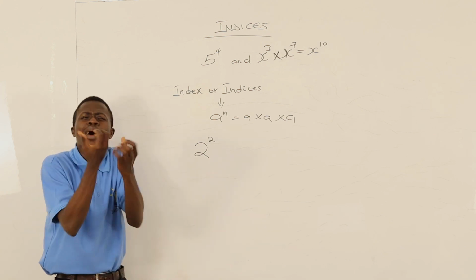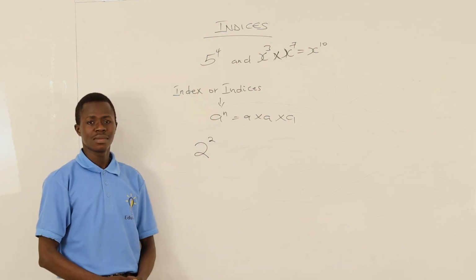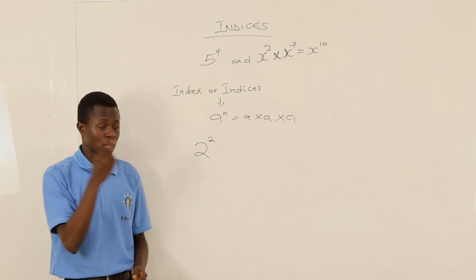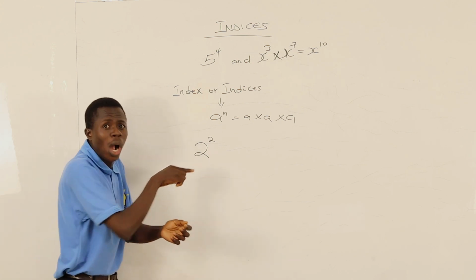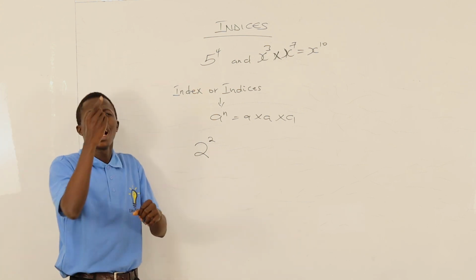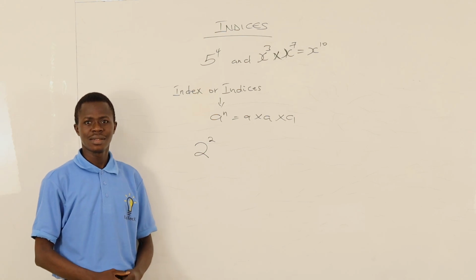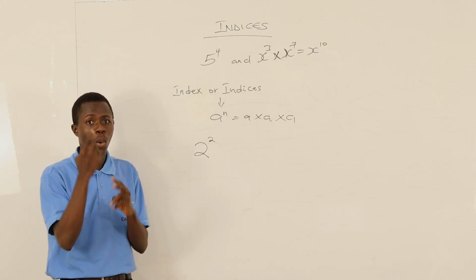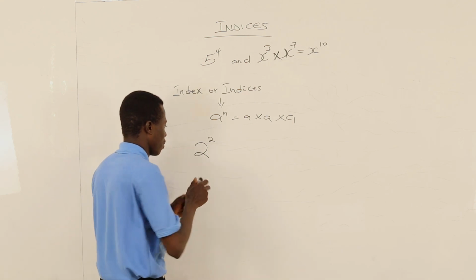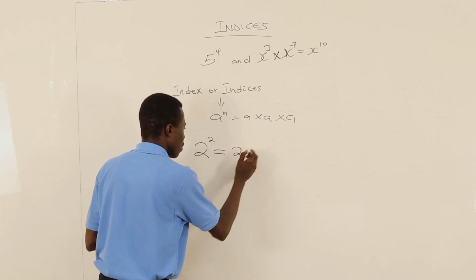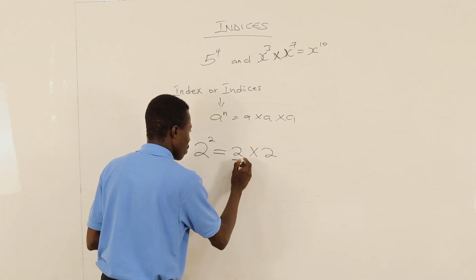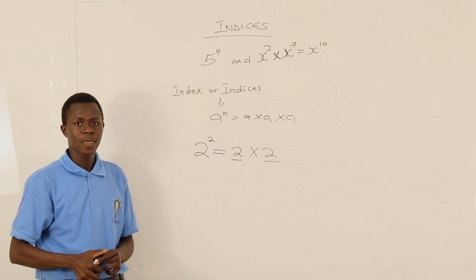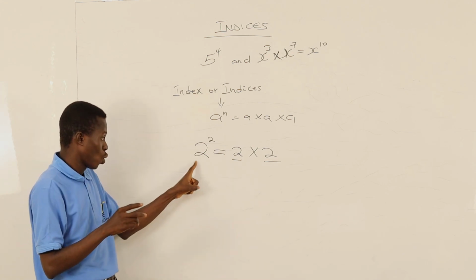2 raised to the power 2 is trying to tell you that 2 is multiplying itself a particular number of times. The power 2 is telling you that the base 2 is multiplying itself twice.